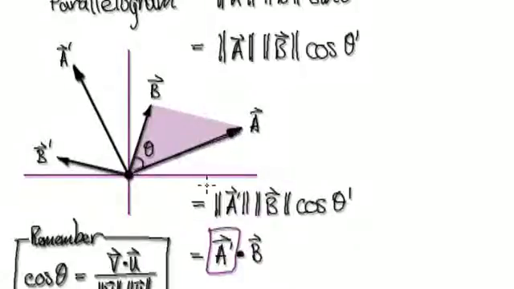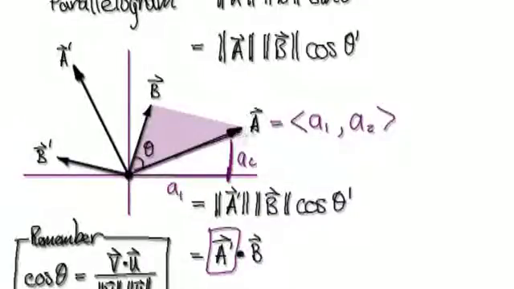So whenever you have a vector A, let's say this vector A here is given by A1 across and then A2 up. So that would be this. If you rotate it 90 degrees anti-clockwise, this point here will then move to here.